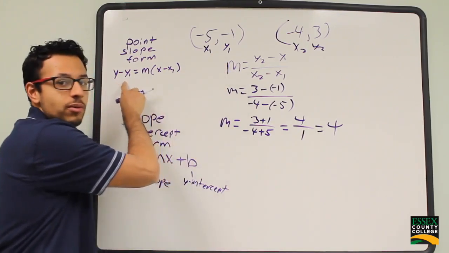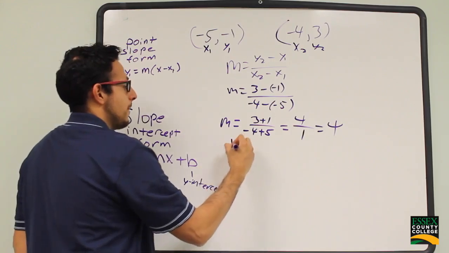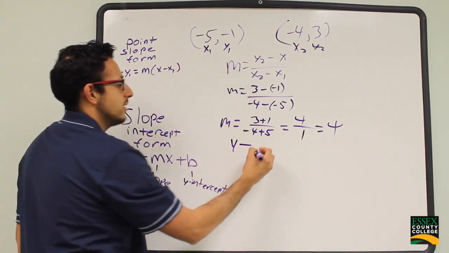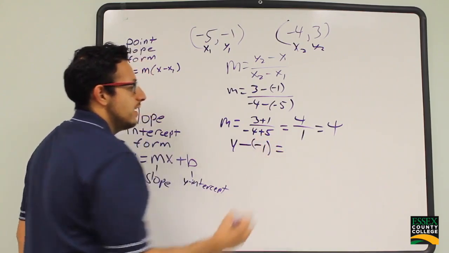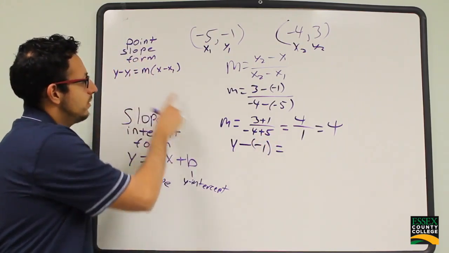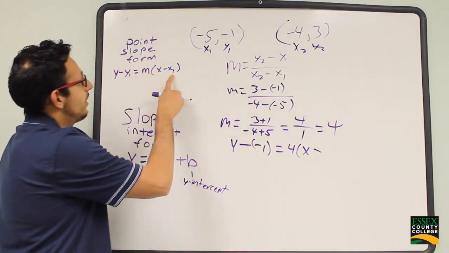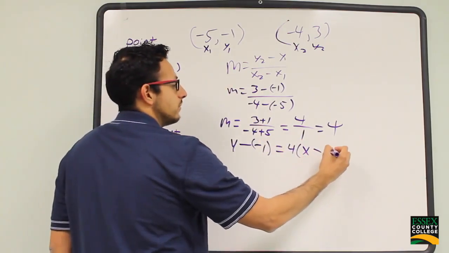So using this formula, point slope form is going to be y minus our y1, we can use this one, so it'll be minus -1, is equal to our m, which we got is 4, times x minus our x1, which is -5.